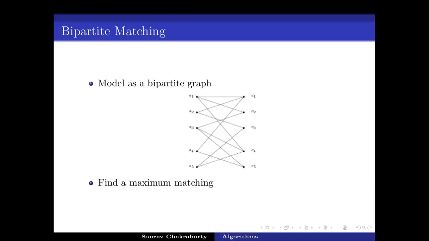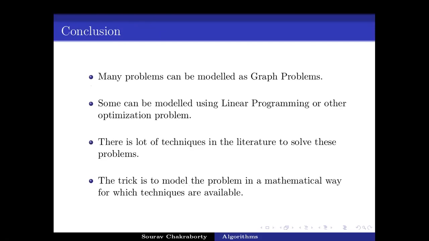So, to move to the conclusion, many problems can be modeled as graph problems, right? Often the problems have no resemblance to graphs, but once we model a problem as a graph, it becomes pretty clean and easy to work with.